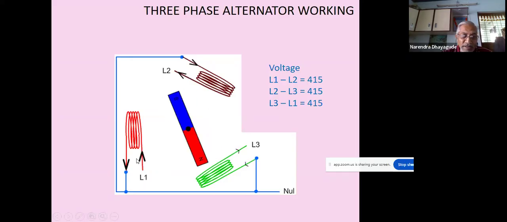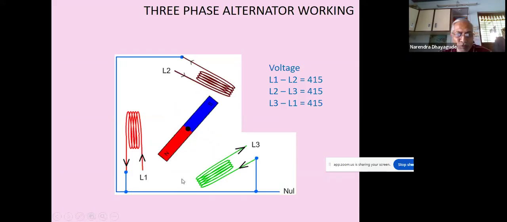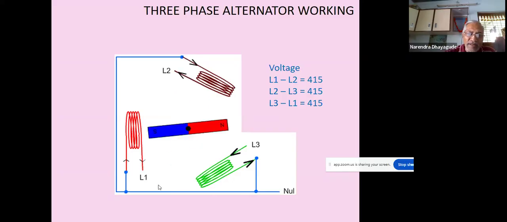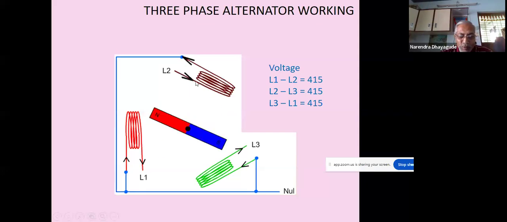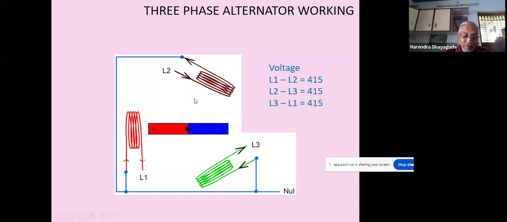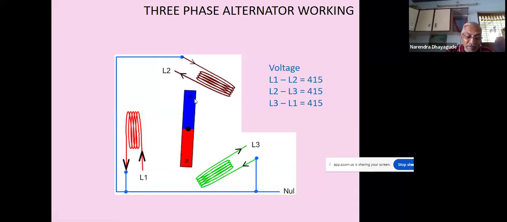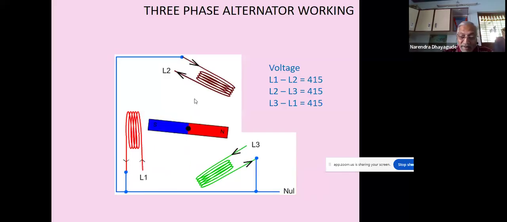The phase sequence is L1, L2, L3, L1, L2, L3. In electrical terms, in wiring, in cabling, we say this is RYB, RYB, RYB. If it starts rotating in the reverse way, it will be L1, L3, L2, that is RBY, RBY. And if the supply is reversed by mistake, the motors also start rotating in the reverse way because of this phase sequence.